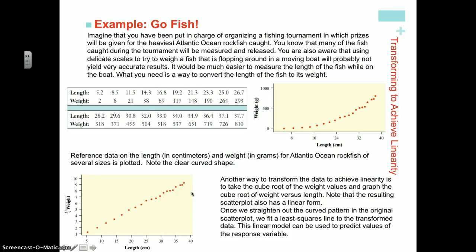You would also see that this would straighten out your curve up here. So once we straighten out the curved pattern in the original scatter plot, we fit a least squares regression line to the transformed data. This linear model can be used to predict values in the response variable.